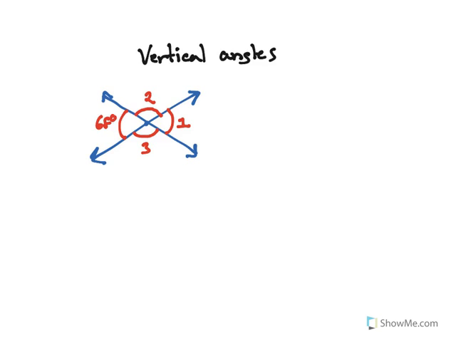Here's the thing to keep in mind. Vertical angles are always opposite of each other and equal. If you look at the 68 degrees, you notice the opposite angle is angle 1. So if this angle is 68 degrees, then angle 1 is going to be 68 degrees as well.